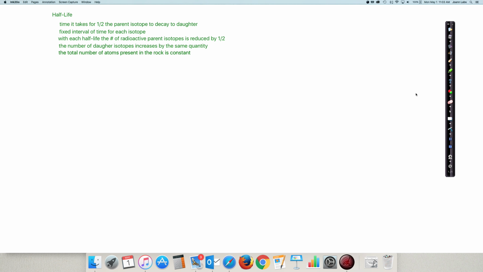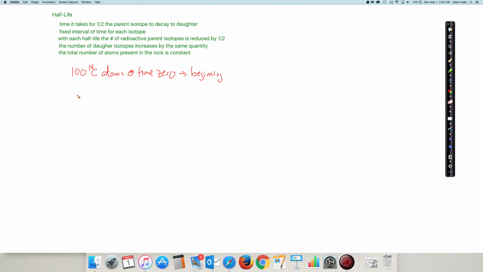So we can write this out to show an example. If we start with 100 carbon-14 atoms, so this is carbon-14, at time 0, this means the beginning, or the start.